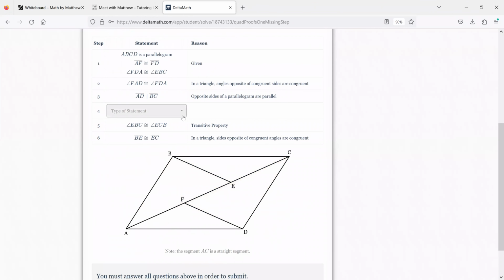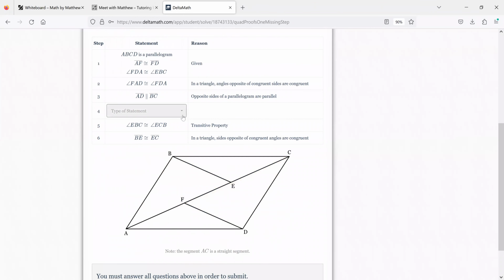BAD equals FDA. EBC equals ECB. If they're parallel, that means an angle is congruent. So parallel always leads to congruent angles. What angles would they want us to show are congruent?